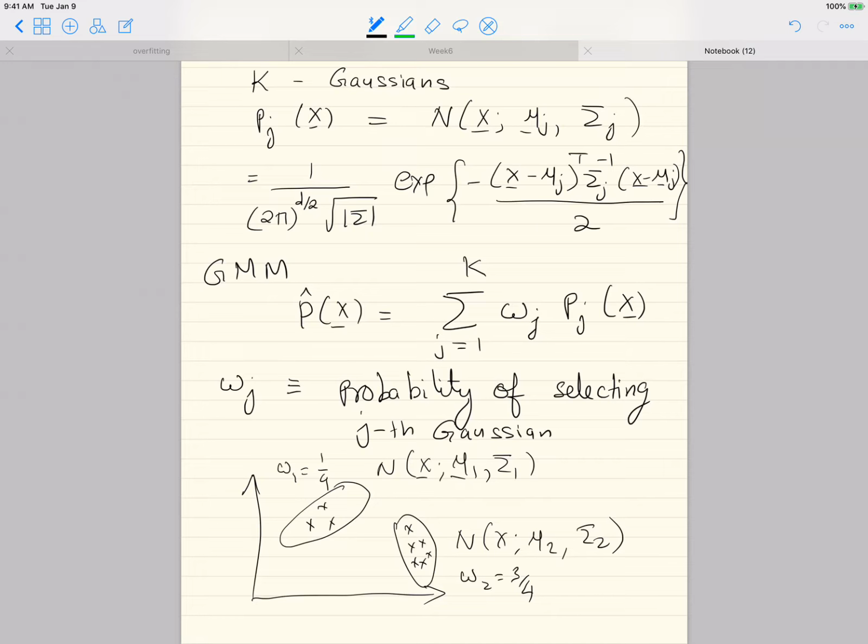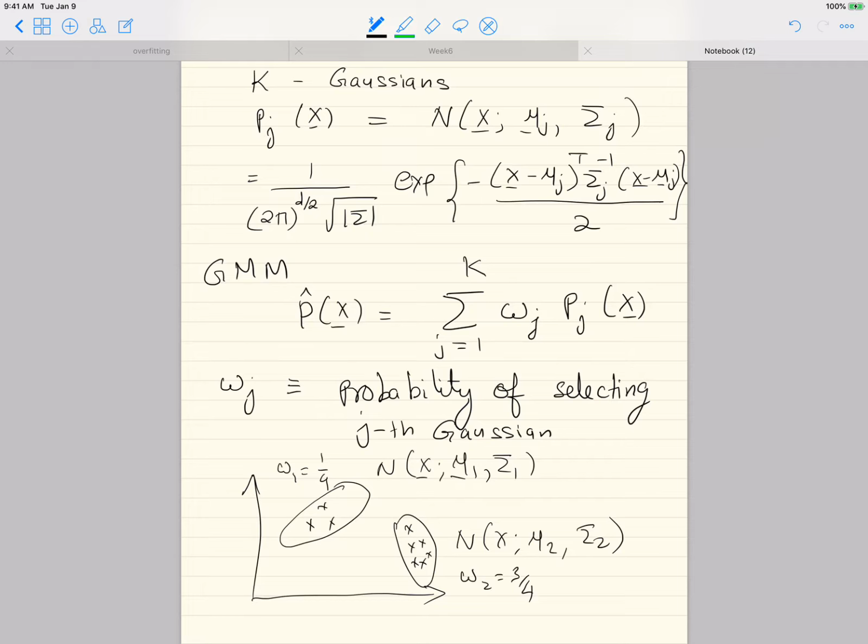So that's how the output will come out. First, I select whether I want to use this Gaussian or this Gaussian. Once I make that choice, then I use this density function to do the actual sampling. And mathematically, that two-step operation is represented by this formula, the formula of a Gaussian mixture model.